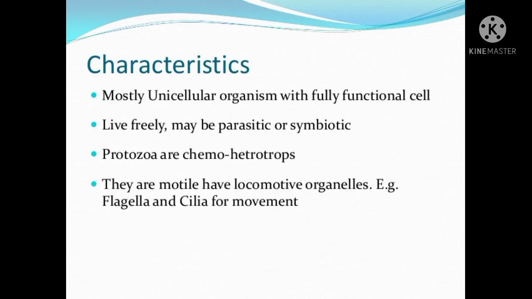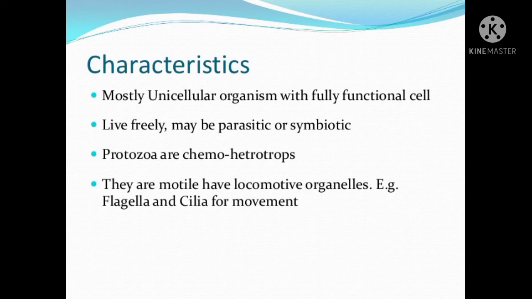Now the characteristic of the protozoa: it is mostly a unicellular organism with fully functional cells, okay. They live freely, or may be parasitic or symbiotic, meaning it gives something to the thing on which it is living and in return takes something from it.